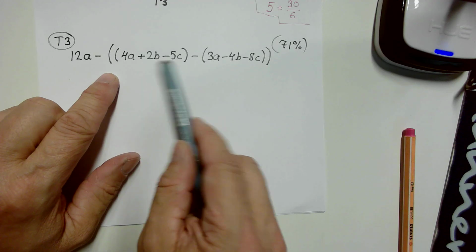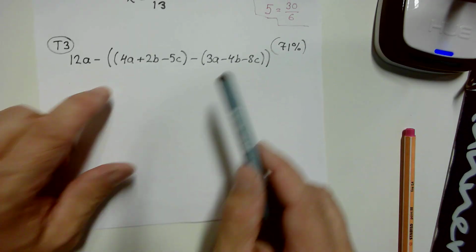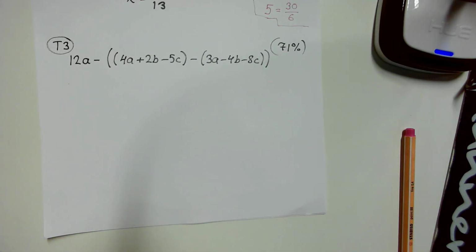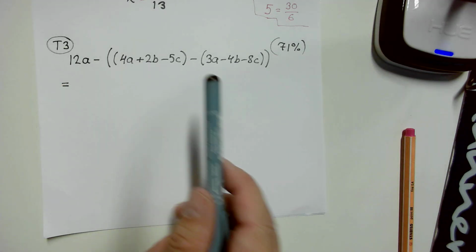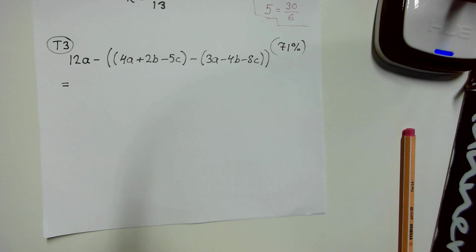We start with the inside brackets here, or parentheses. It is of course possible to take away all these brackets or parentheses at one time, but it is very risky. I mostly make errors by doing that.